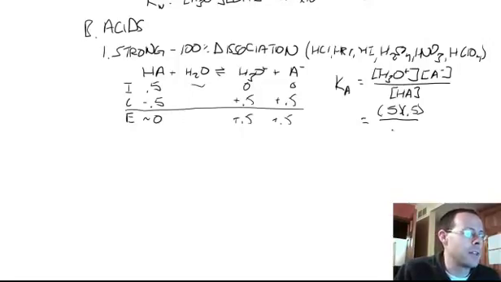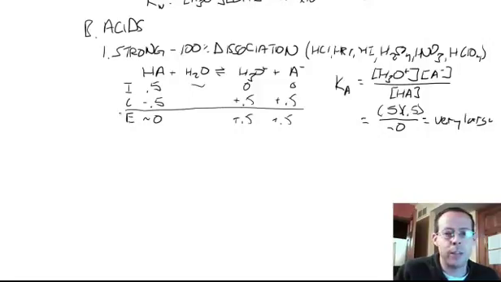If this is a really small number in the denominator, it gives us a very large Ka value. The Ka values of strong acids are really large numbers, such that in the textbook they won't even write them because it's impractical.